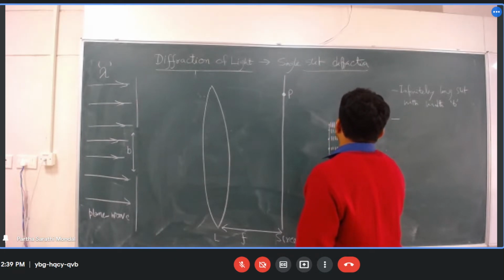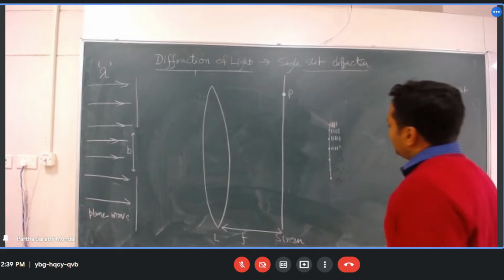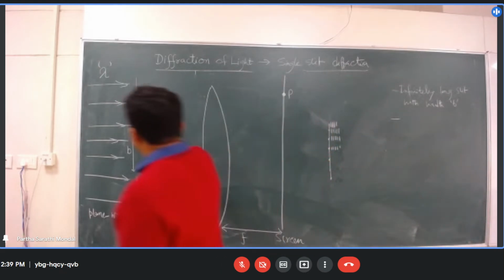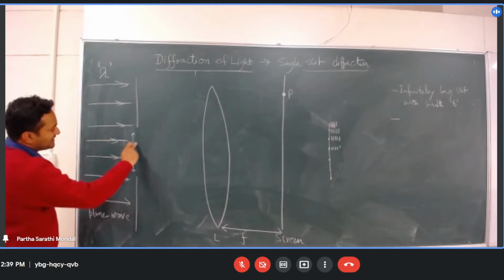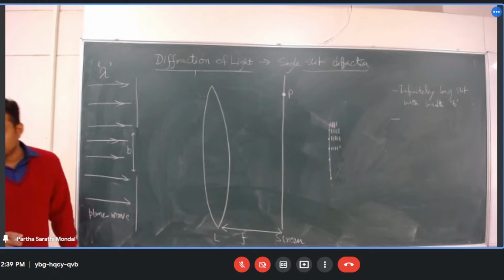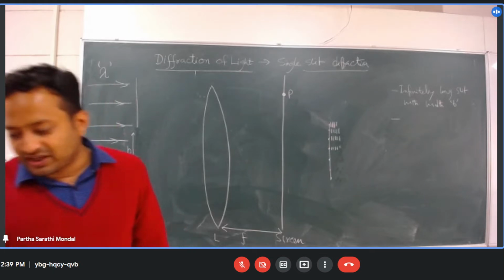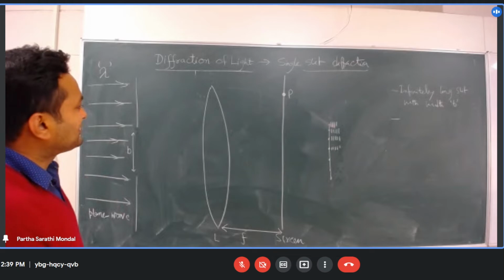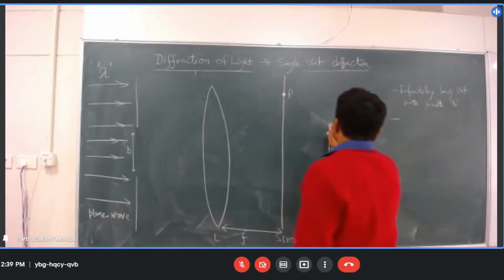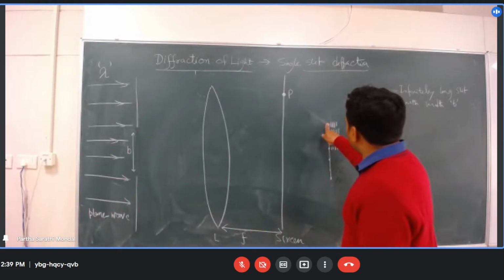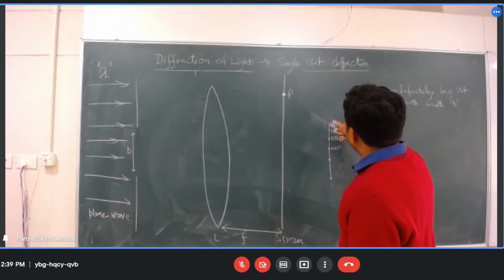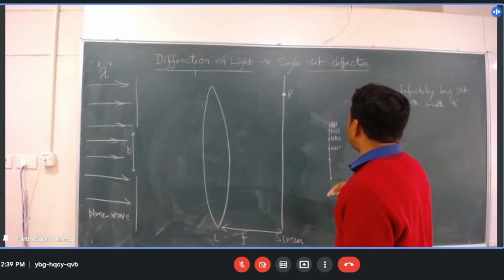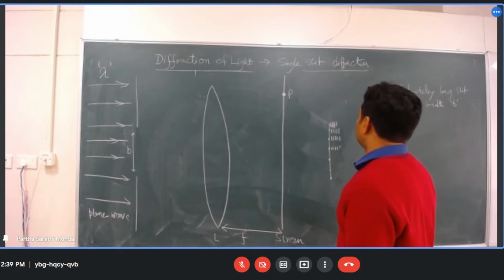Like that. Okay? So if I divide the whole wavefront inside the slit with a large number of equally spaced points, those points can be considered as secondary sources, and those sources are in coherent relationships.